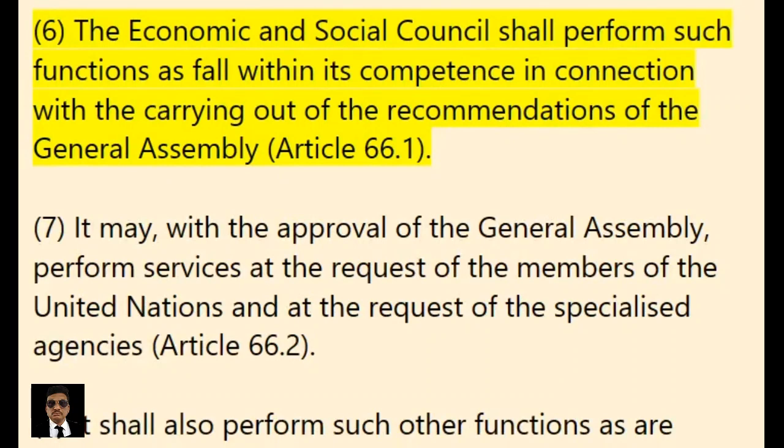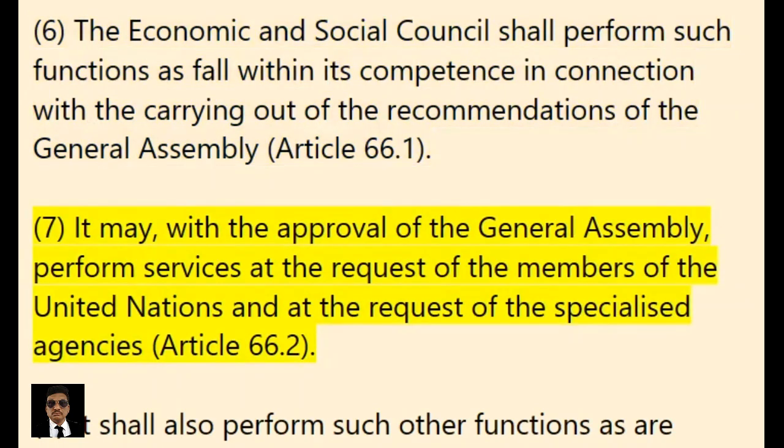6. The Economic and Social Council shall perform such functions as fall within its competence in connection with the carrying out of the recommendations of the General Assembly. Article 66.1. 7.